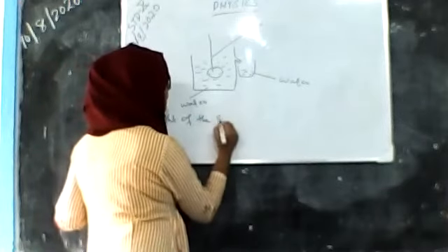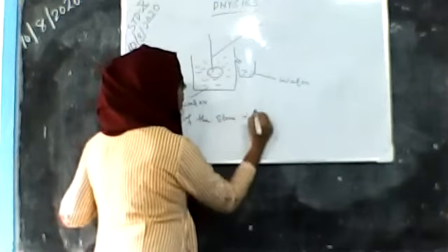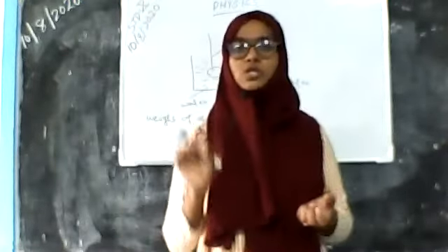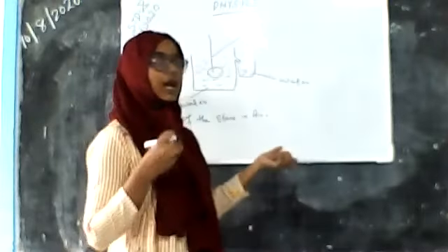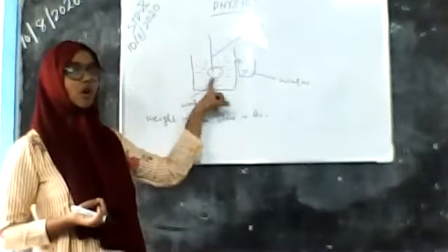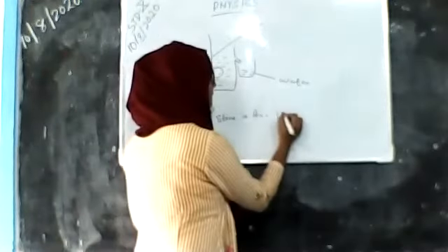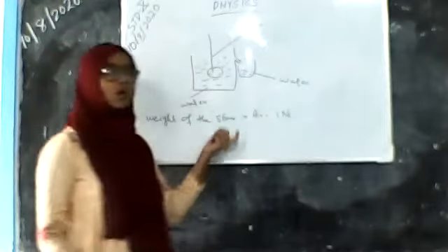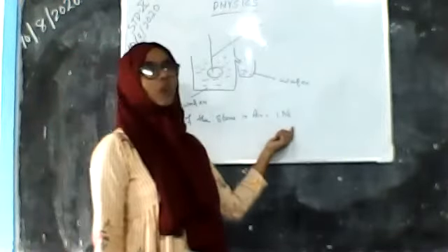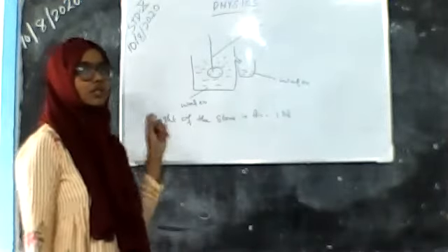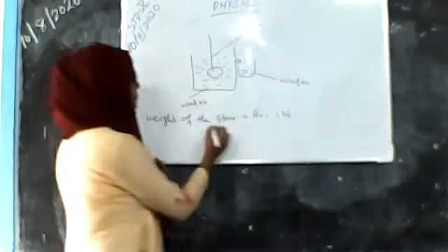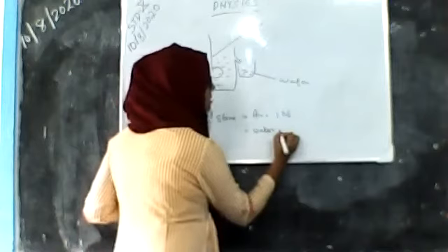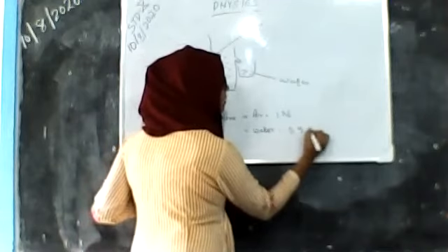When we use a spring balance to measure the weight of the stone, assume that the weight of the stone in air is 1 Newton, and the weight of the stone in water is 0.5 Newton.